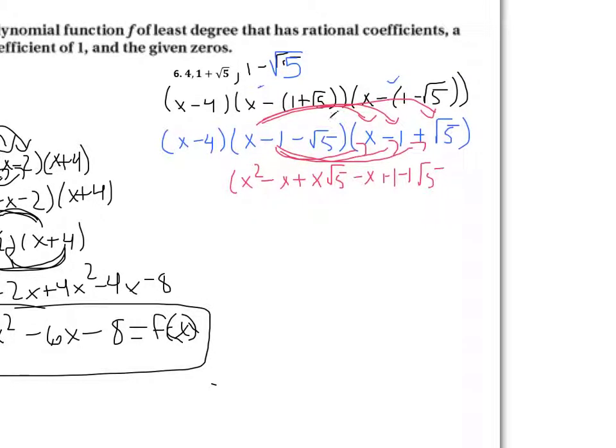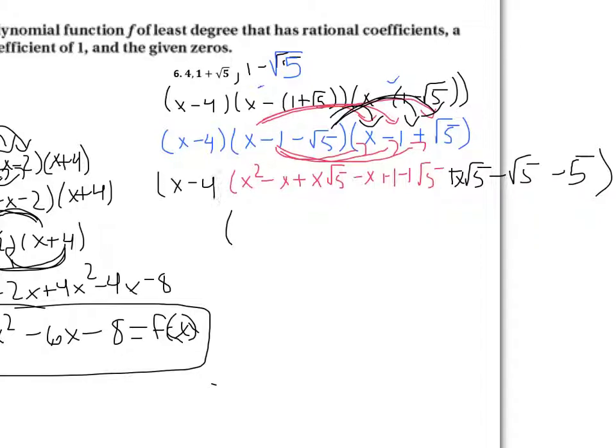Let's switch up to a different color. Plus the square root of 5, x times the square root of 5 minus the square root of 5 minus 5. Now I got to combine like terms. I still had x minus 4 there.